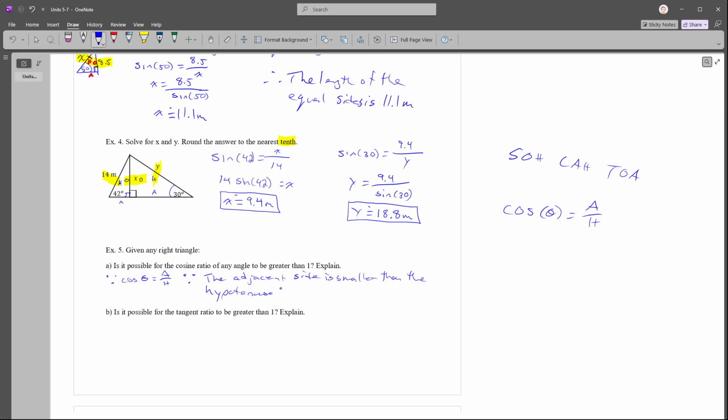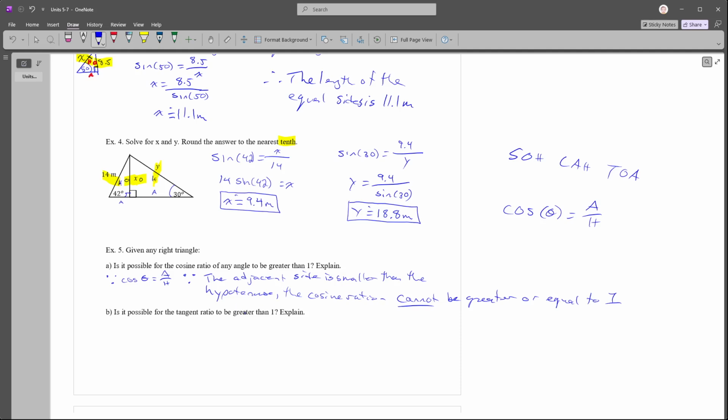The cosine ratio cannot be greater than or equal to 1. It is physically impossible.